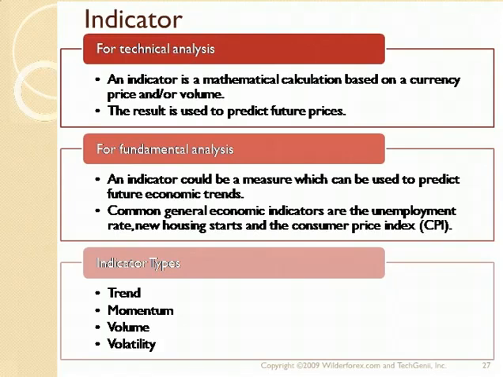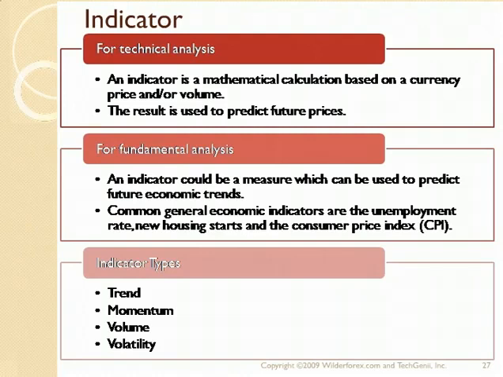The result is used to predict future prices. For fundamental analysis, an indicator could be a measure which can be used to predict future economic trends. Common general economic indicators are the unemployment rate, new housing starts, and the Consumer Price Index or CPI.